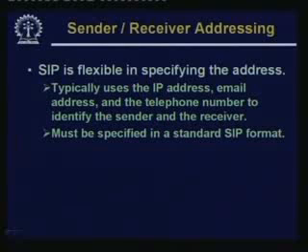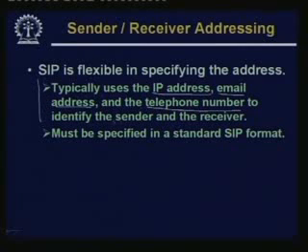But typically, the address will consist of the IP address of the destination machine, the email address of the person you want to contact, and also the telephone number. So, these kind of information are typically used just for the identification of the sender and receiver. It is not that this email address or the telephone number is actually used for the communication. These are used only for the purpose of identification.